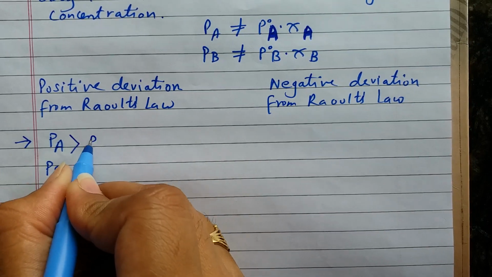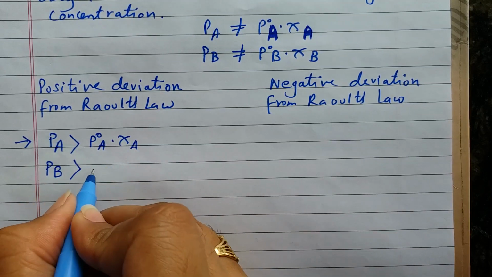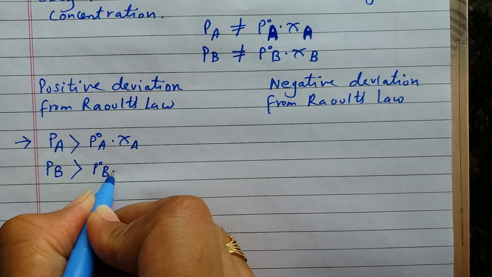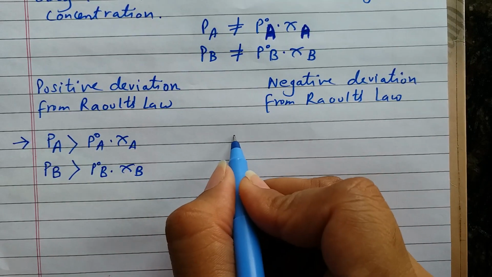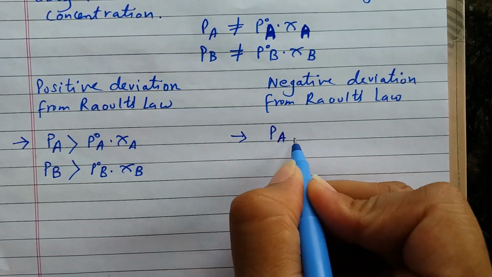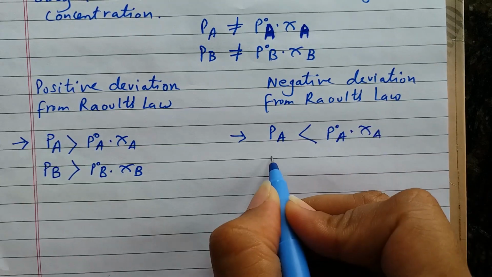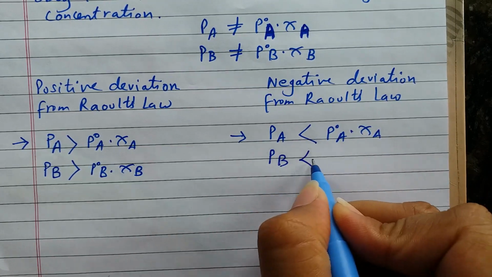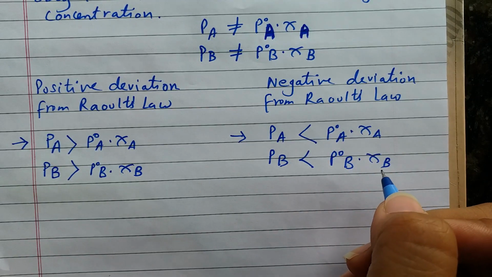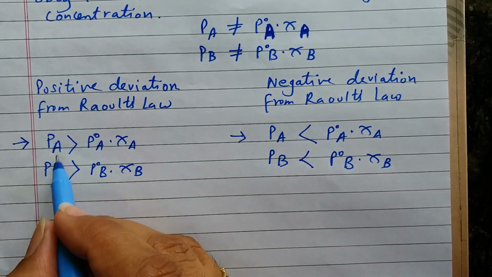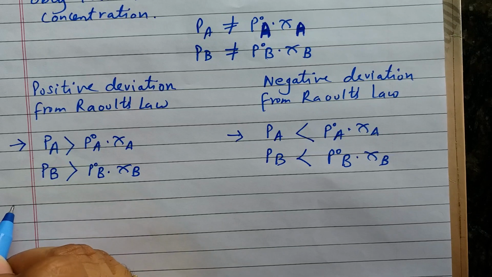PA will be more than the product of P naught A into chi A, and PB will also be more than the expected product of P naught B into chi B. On the other hand, for the solution which shows a negative deviation, PA will be less than P naught A into chi A, and likewise PB will also be less than P naught B into chi B. So the actual vapor pressures here are more and here are less. We will see the reason behind this.